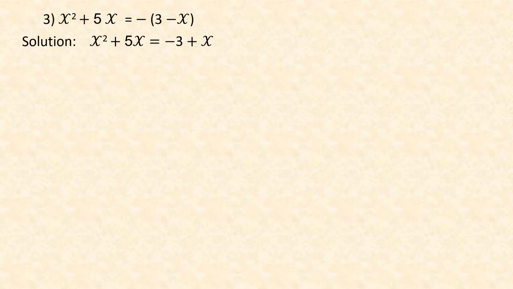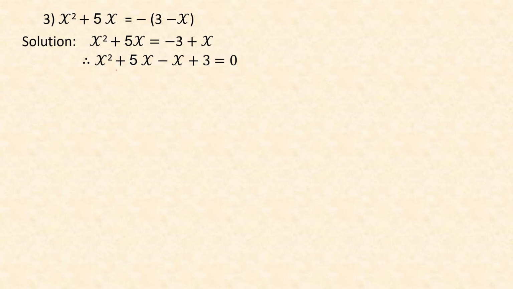Now this term, minus 3 plus x, we bring on the left hand side. Therefore x square plus 5x minus x plus 3. This plus x becomes minus x, minus 3 becomes plus 3.